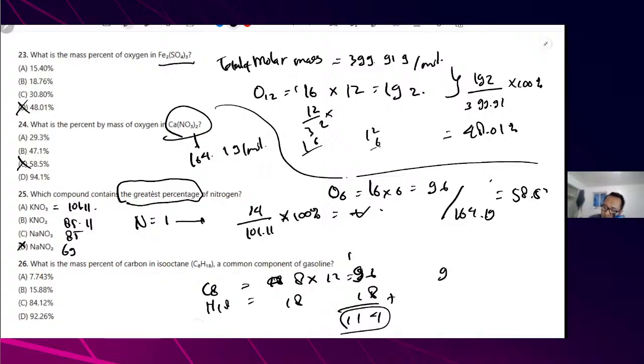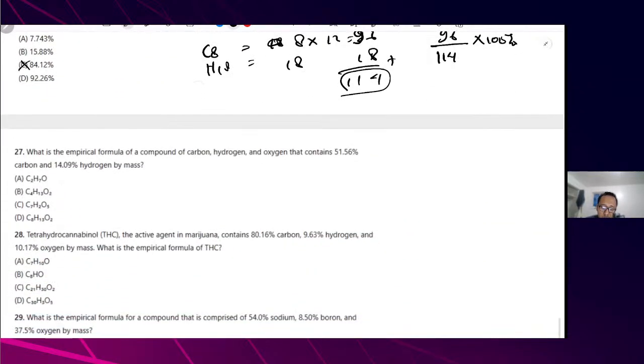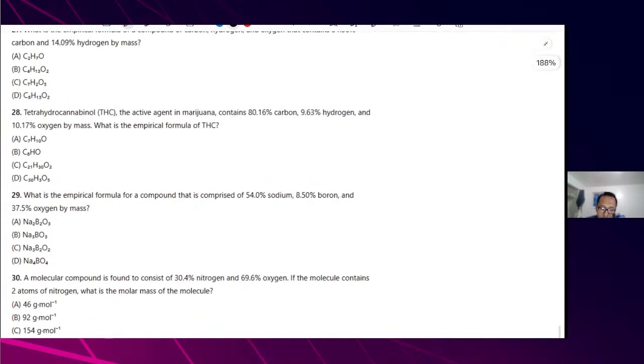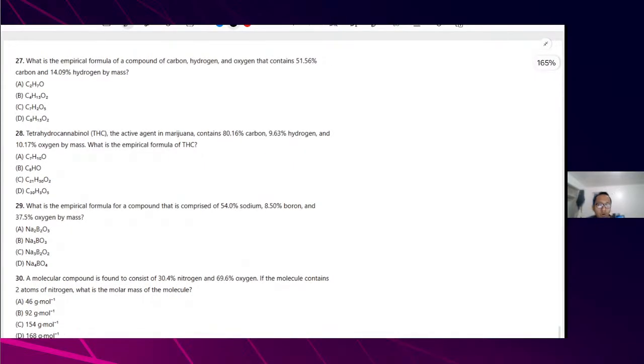Now we just do the calculation like this, times 100%. The answer should be 84% when we do the calculation. Now we are almost done with the 30 questions, all of them together. All right, now we are moving on to the next question.